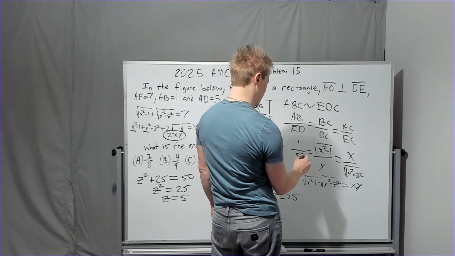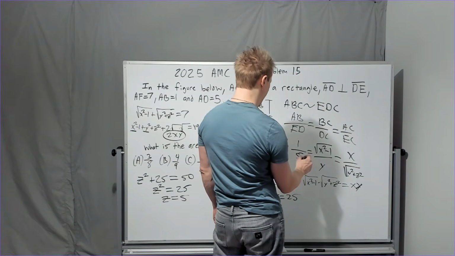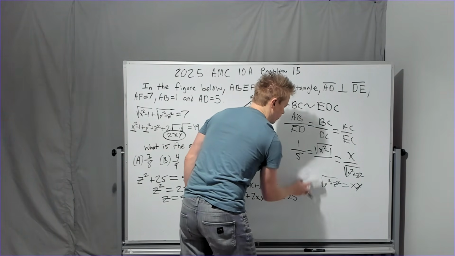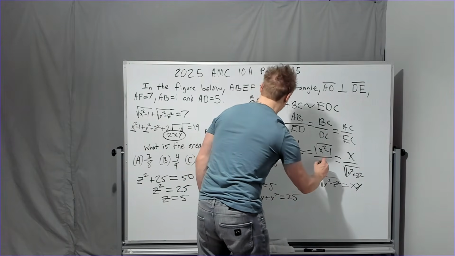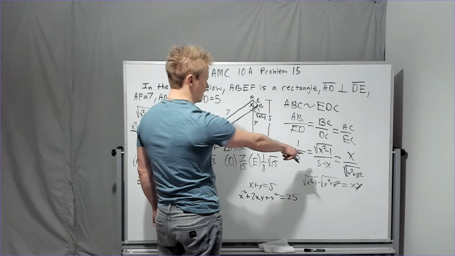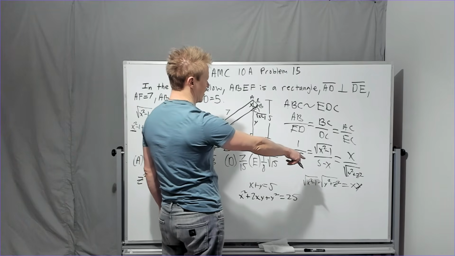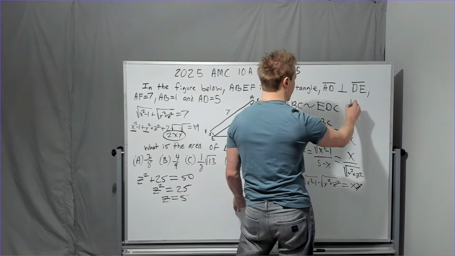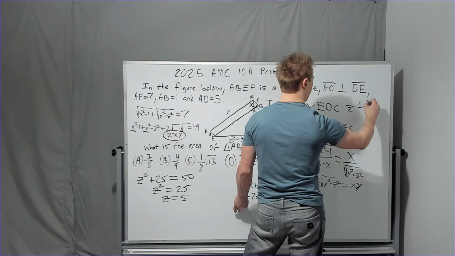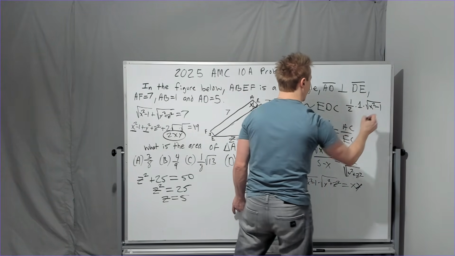Do we know what y is? Yeah, we know what y is. So y over here, we can just replace y with 5 minus x. And I think we can solve for x now. Yeah. And our answer is going to be 1/2 times 1 times the square root of x squared minus 1.